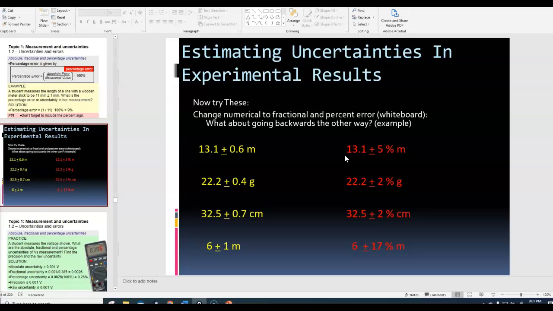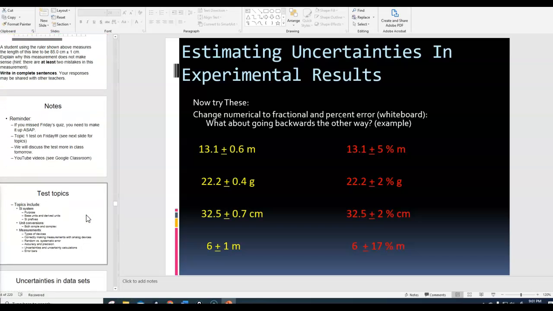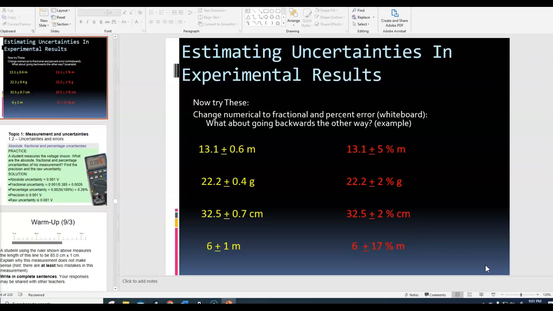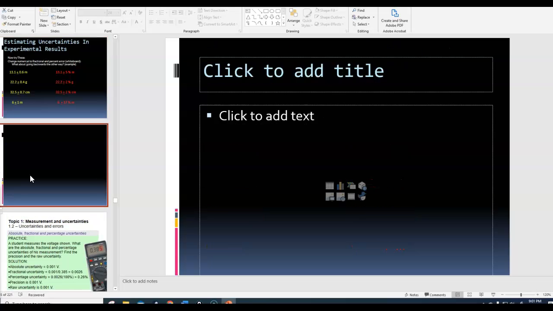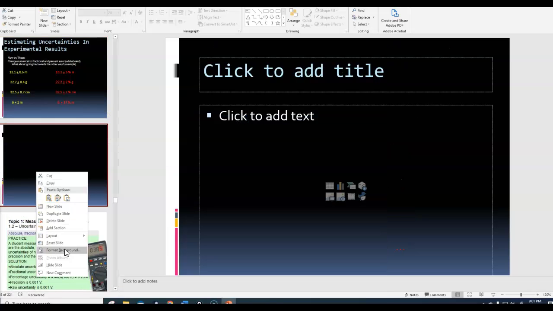Now, let's say, hypothetically speaking, you want to convert from percent back to absolute. Well, actually, I can give you an example right now of that. So let me open up a new slide and change the background.